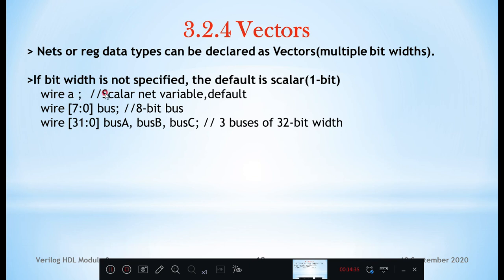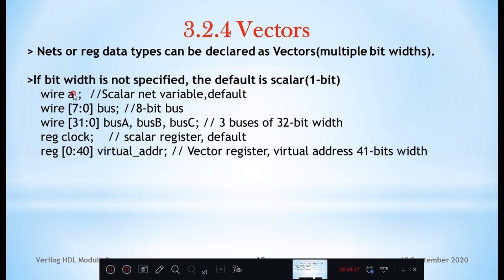If you consider an example, wire A is a scalar net variable. Wire A means size is 1 bit, scalar means 1 bit.